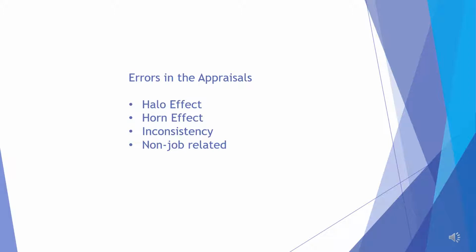And if the managers are creating the performance reviews, are they assessing things that are non-job related? You have to be really careful that the appraisals are all related to the job, and basing that on the job description that is up to date and valid is really important.